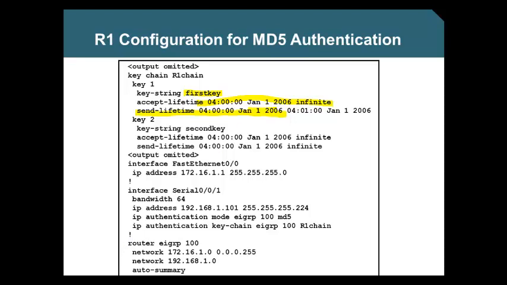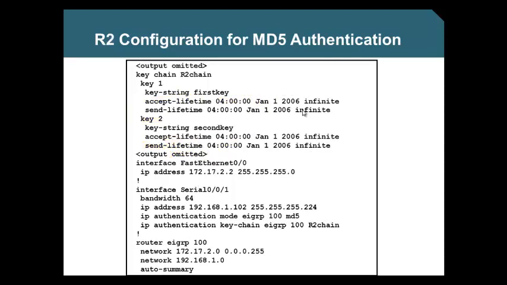It's of no use. Neighborship is only two sides, not one side. So automatically it will fall to this one, because the sender is not going to send what is configured on the other side, key 1.